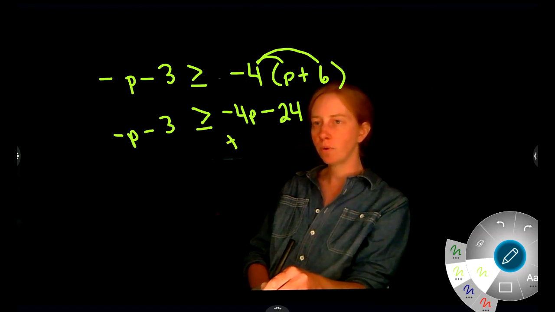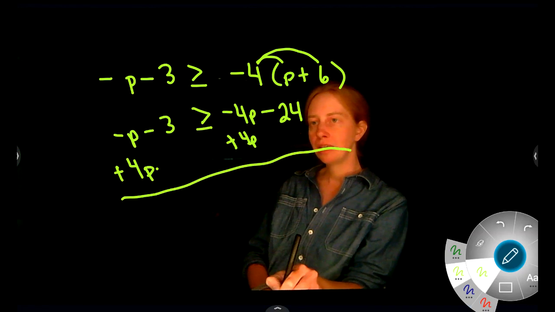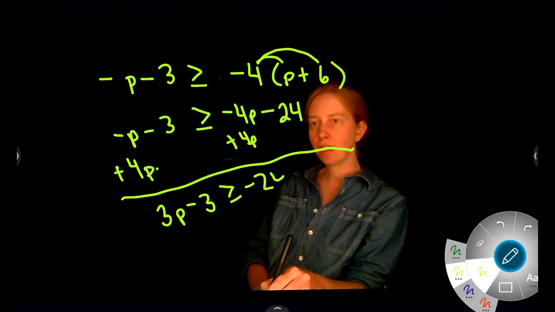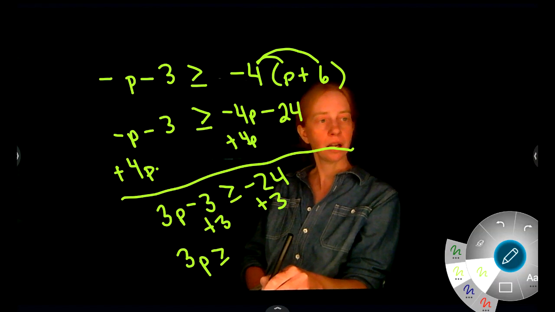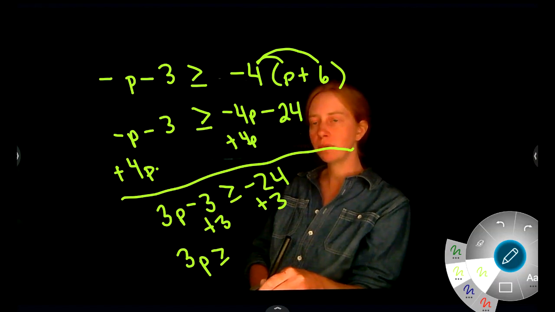I think I'm going to move these 4p's over to the other side because I like my positive. So negative p plus 4p is 3p. I still have my minus 3 and I still have my negative 24. So I'm going to go ahead and add 3 over here. So I have 3p is greater than or equal to negative 21.